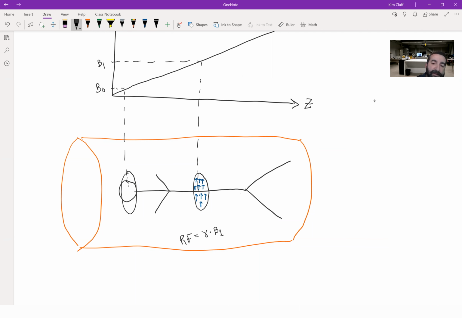Okay, so you have to inject an RF wave with a frequency called the Larmor frequency that matches the frequency of precession of the hydrogen atoms in this slice, which is, let's say, the patient's torso. And what will happen here is all of these hydrogen atoms, because the RF frequency matches the frequency of precession, will resonate and absorb that energy.